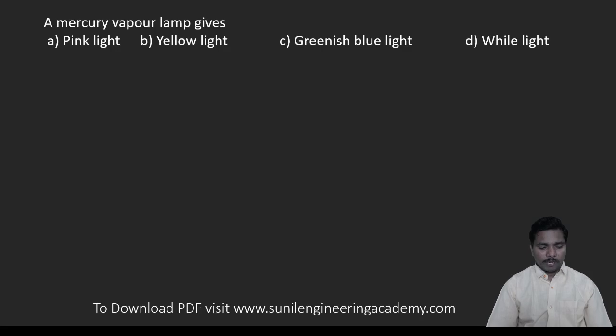A mercury vapor lamp, I think we have already discussed this question. Mercury vapor lamp gives greenish blue color. Magnesium vapor lamp gives greenish color. In case of high pressure mercury vapor lamp, that will give white light.